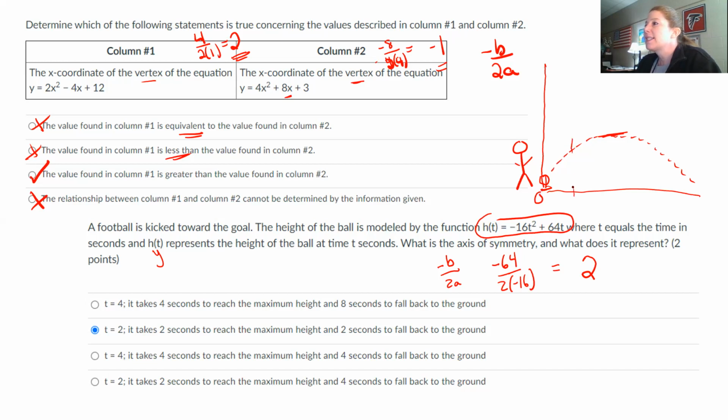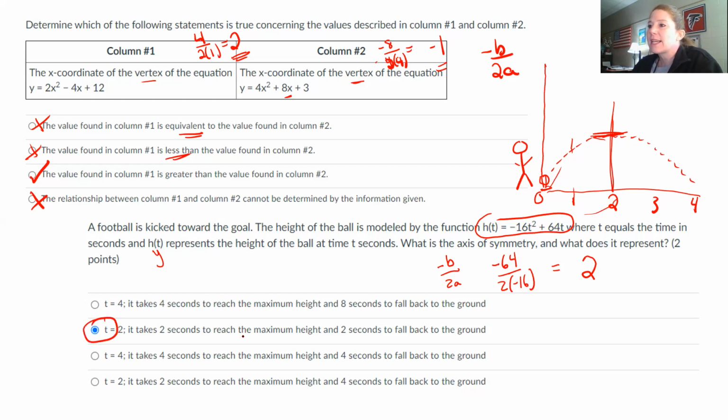Well, in 1 second, this is the height of the ball. In 2 seconds, this is our maximum right here, right? If it took 2 seconds to get to the maximum height of the ball, what's going to happen 2 seconds later? It's going to get down here where it started, right? Because parabolas are symmetrical. So the height of the ball is at its maximum at 2 seconds, and 2 seconds later, it's going to hit the ground.